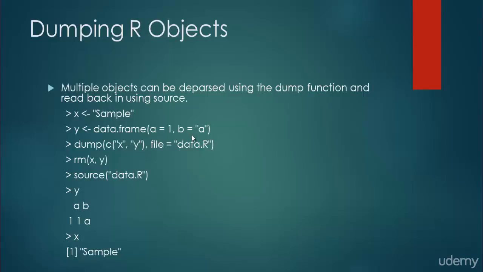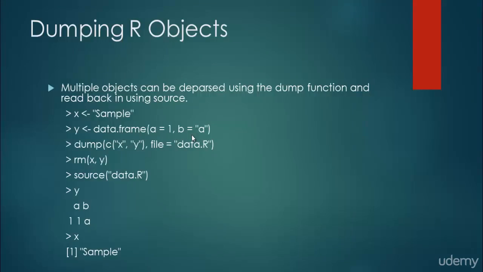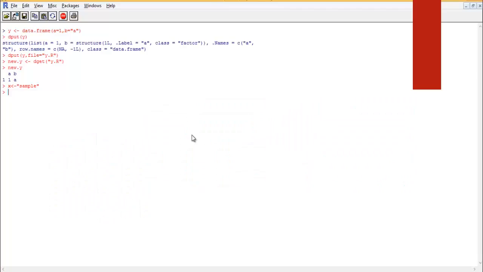Let's say you have a variable named x, which is a sample, and you have a data set y, which is the same as the data that we created earlier, a equal to 1 comma b equal to a.